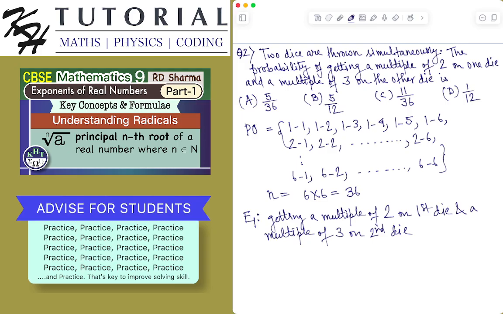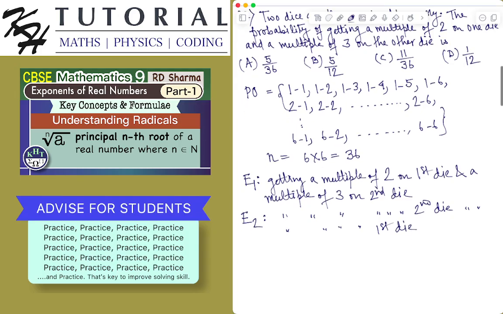I am defining two events, E1 and E2. E1 is getting a multiple of 2 on the first die and a multiple of 3 on the second die. E2 is the same, but getting a multiple of 2 on the second die and a multiple of 3 on the first die.